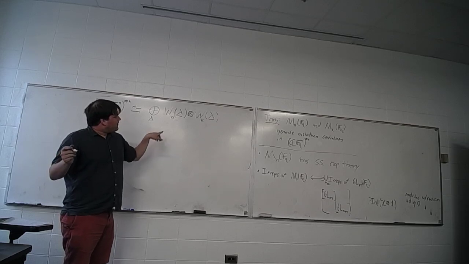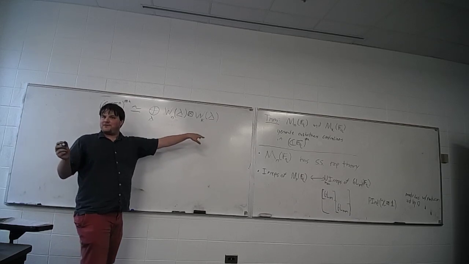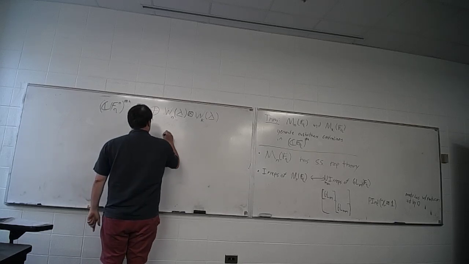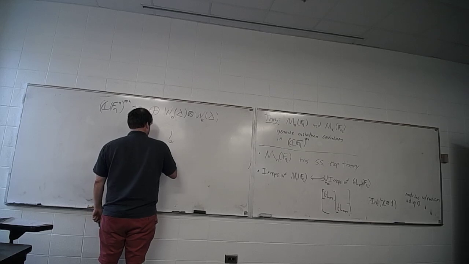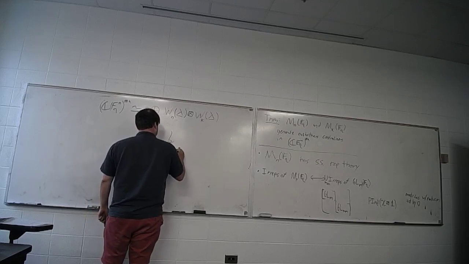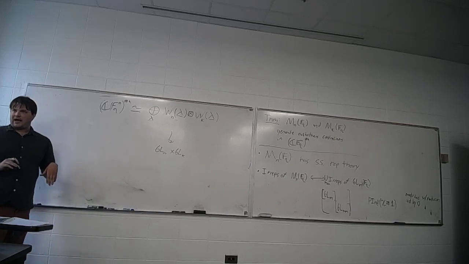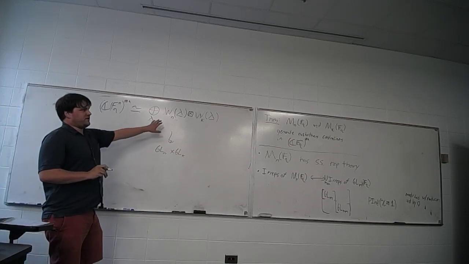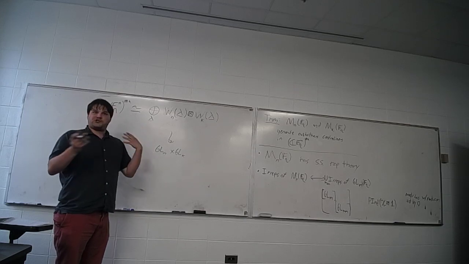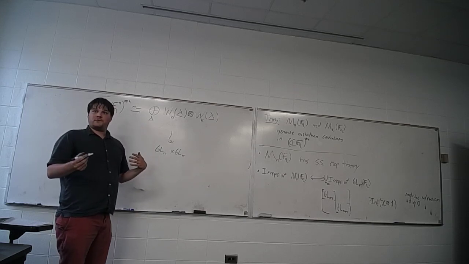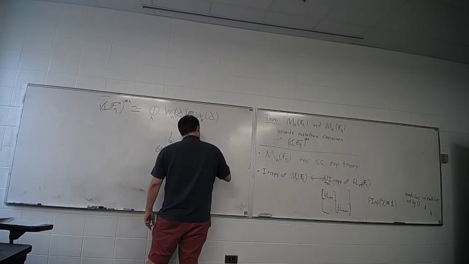But then we actually know how to restrict these to GL_n and GL_k. So we can further restrict this down to GL_n cross GL_k. It's a little bit messy to write because you need to write down the branching coefficients, but they are essentially literally Littlewood-Richardson coefficients.